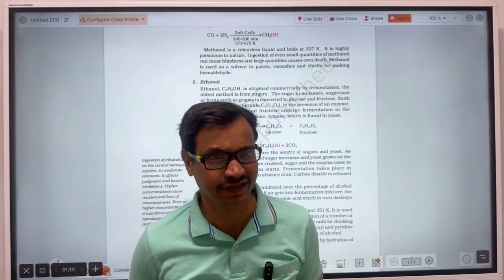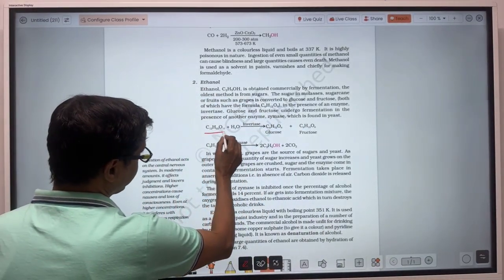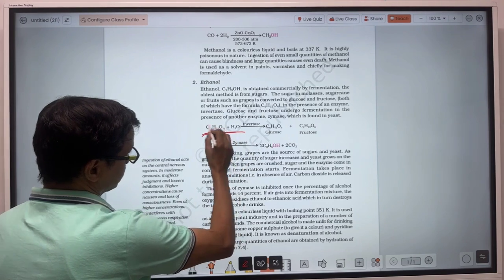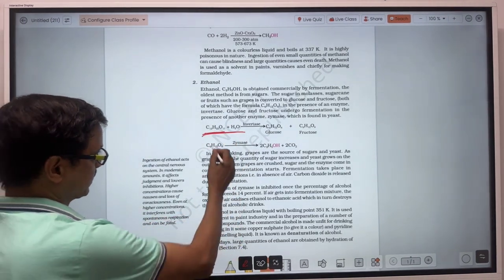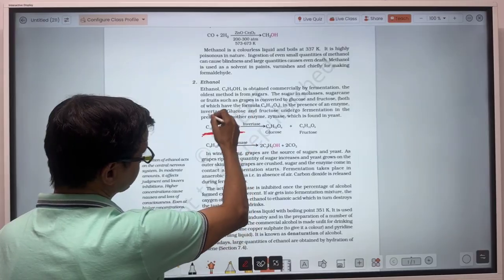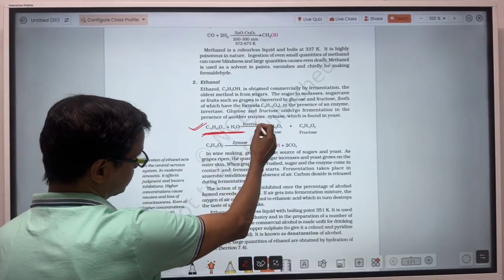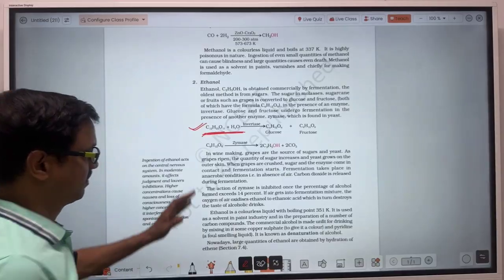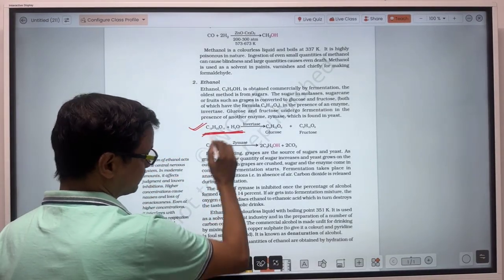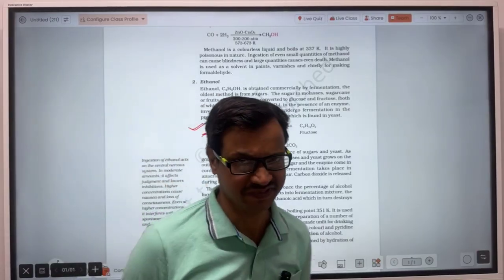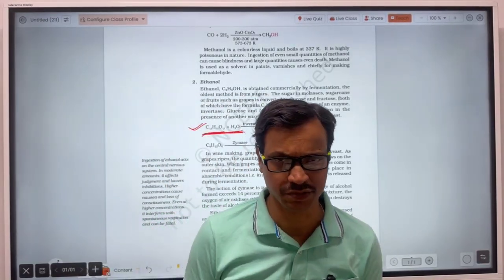Ethanol is commercially formed when sugar is treated with enzymes. Firstly, the invertase enzyme acts on the sugar, and there will be formation of glucose and fructose.